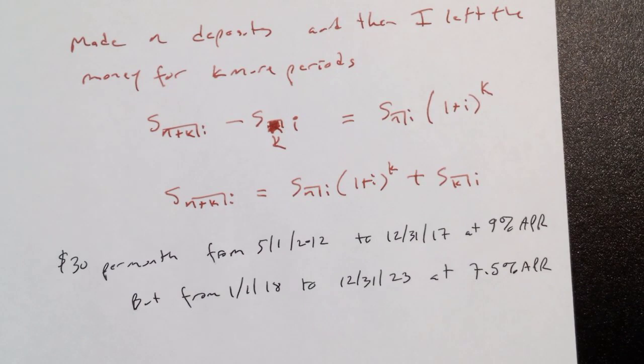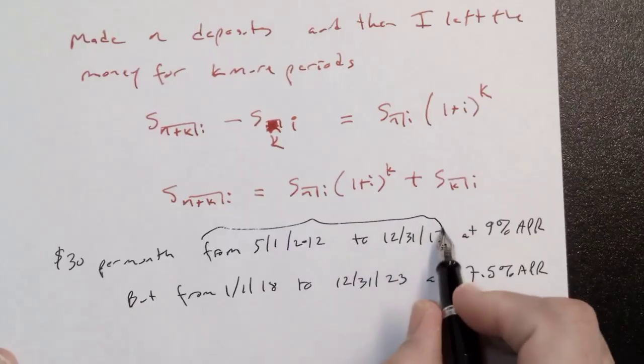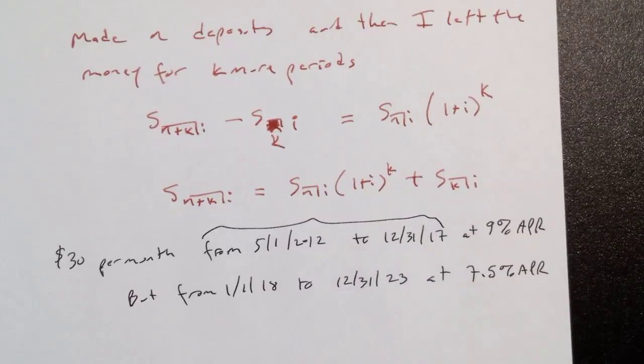All right, wait a second. 2012 to 17, how many payments? This part. It says over there per month. I need the number of months in this section.